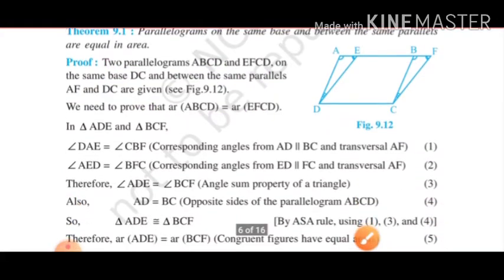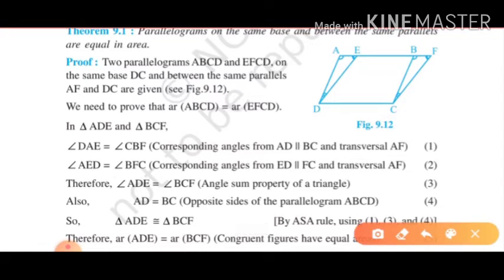Now if you look at here, in triangles ADE and BCF, this is ADE and this is BCF. If you consider these two triangles, angle DAE and angle CBF are equal. Why are they equal? This line and this line are parallel, since it is a parallelogram, and AB will be the transversal.